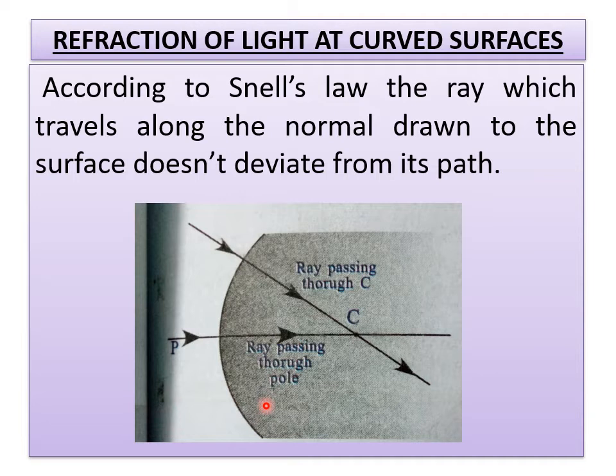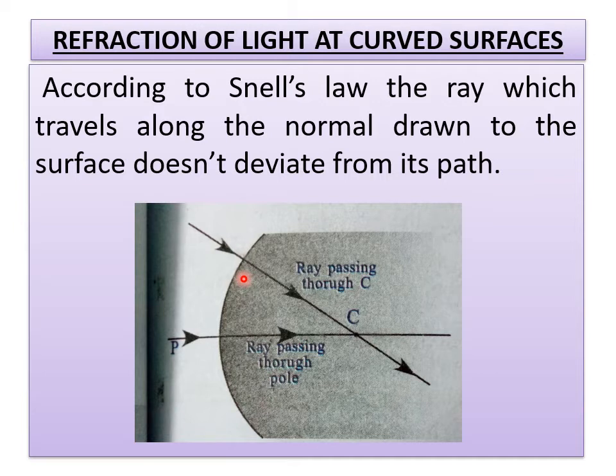We find r is equal to 0 irrespective of the medium, from rarer to denser medium in this case. And for a ray which is passing through the center of curvature, here also CP is again one of the normals. So in this case also you have to remember i is equal to 0, r will be 0. That means in both cases the refraction angle is 0.